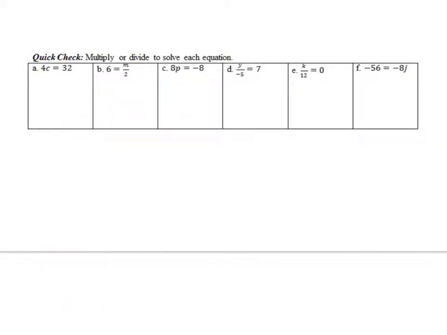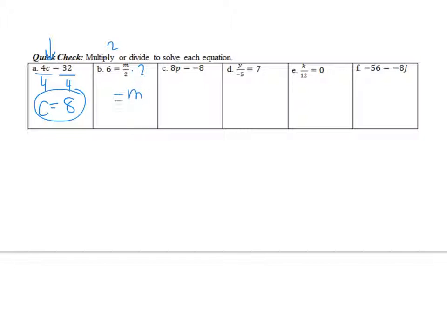Okay, this time we have to figure out if we have to multiply or divide. So A is 4c. There's no space, so this is 4 times c, so I multiply. So in order to undo the multiplication, I divide both sides by 4. So c equals 8. B is m divided by 2, so I multiply both sides by 2.